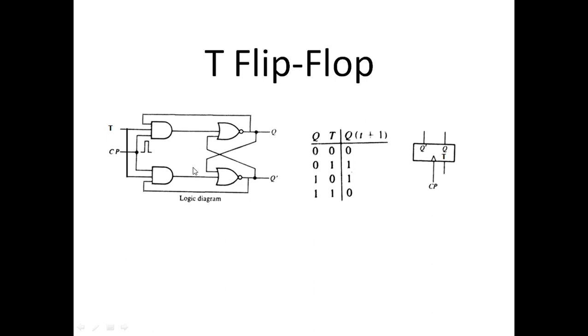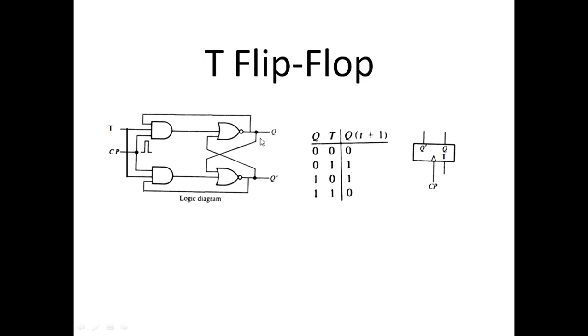So we get 1 at the S input, and 0 at the R input. When we get 1 at the S input of the basic RS latch with NOR, it will set the flip-flop. By setting we mean it will give 1 at the Q output.